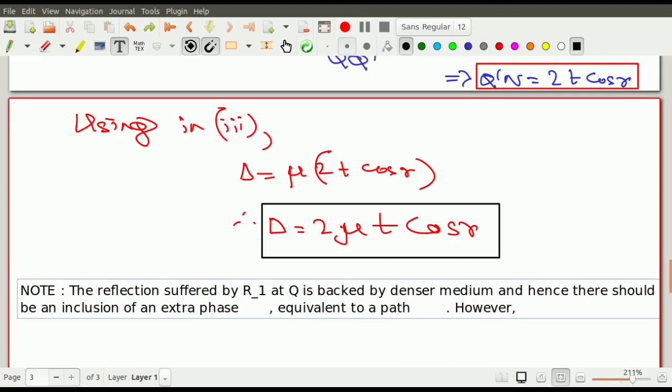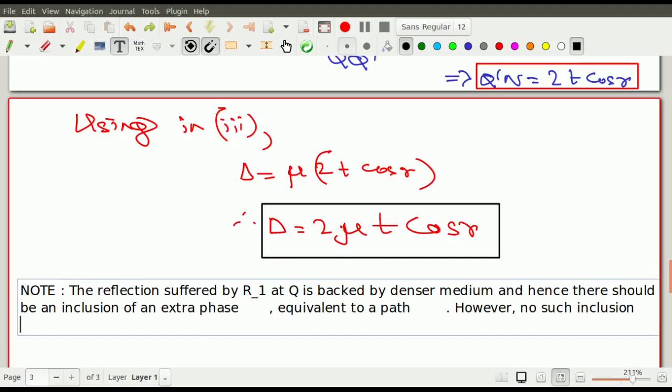However, no such inclusion is required for the reflection at capital R, as it is backed by rarer medium.